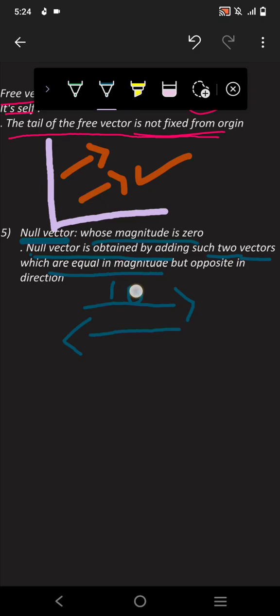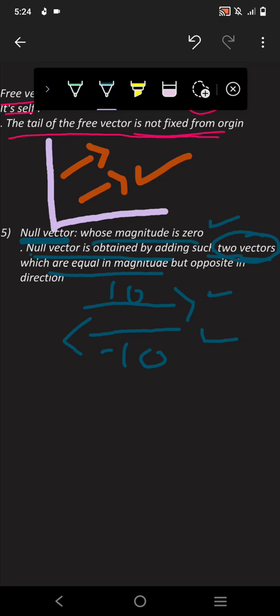This one is 10, but as this is opposite, here -10 will come. Alright, we know this is simple mathematics. I'm really sorry. So the null vector, let's read again, is a vector whose magnitude is 0. We're going to prove it. The null vector is obtained by adding two vectors. Here is one vector, here is another vector.